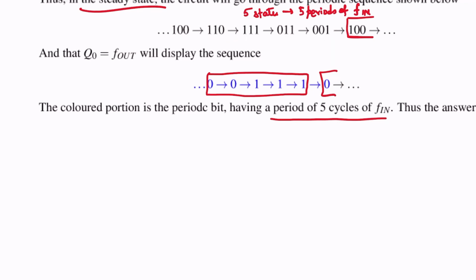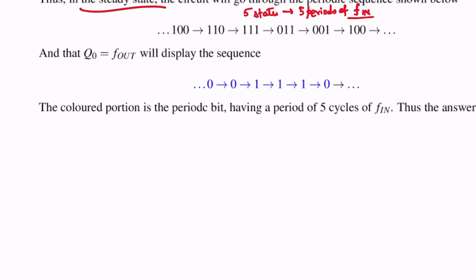And since Q0 is what Fout is, this is Q2, Q1, Q0, so the third bit is Q0. You can simply copy Q0 over to find out what the periodic sequence is in Q0.